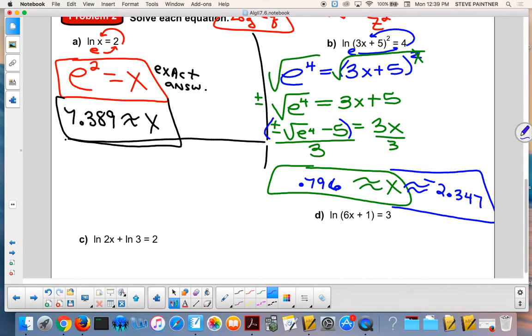Well, you'd say negative square root of e to the 4th. Then you would say minus 5. And I'd probably just hit equals and then divide by 3. That's what I did. Did you guys get this look, where the calculator does this and then you put e here? Yeah? Okay.